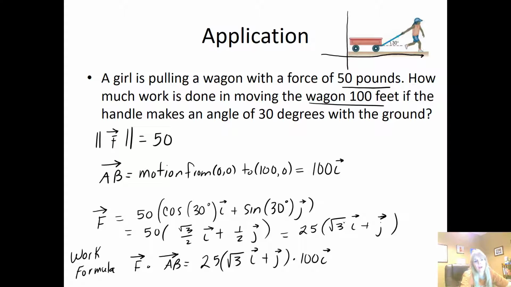Why are we only concerned with the i values? She's not going up and down, right? There's no vertical motion at all. There's only the horizontal. So multiplying the horizontal out only, you should get 2500 square root 3 foot-pounds. Okay, and that finishes up this section.